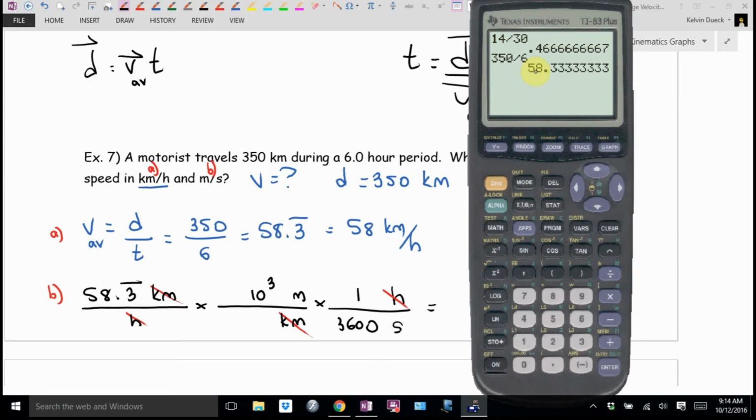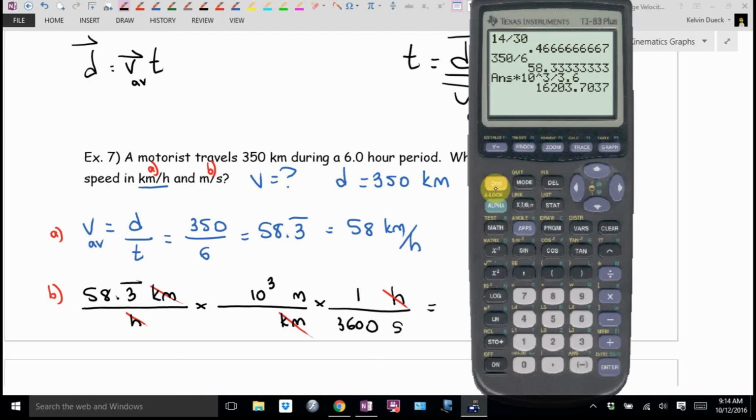But I don't want to use the 58. I don't want to use 58.3. I don't want to use 58.33. I want to use the number that's stored in my calculator, which is 58.3 repeating. So I'm going to take that, and I'm going to go answer button times 1,000, 10 to the third, divided by 3.6, and we get 36. Golly.